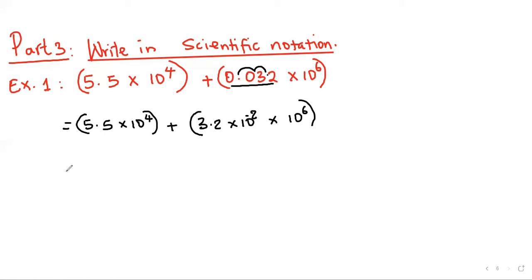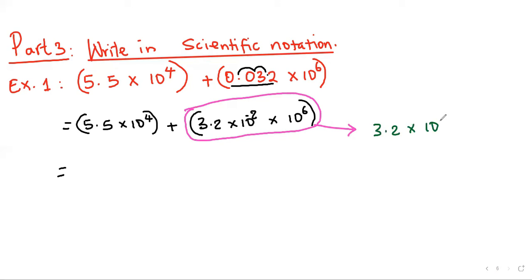So then we will have, let's first deal with this part alone. So this means that we will have it as 3.2 times 10 to the power of negative 2 plus 6.